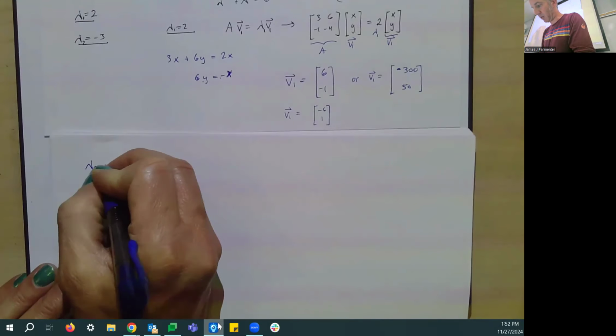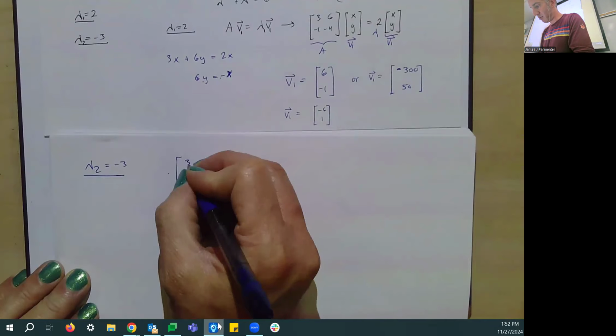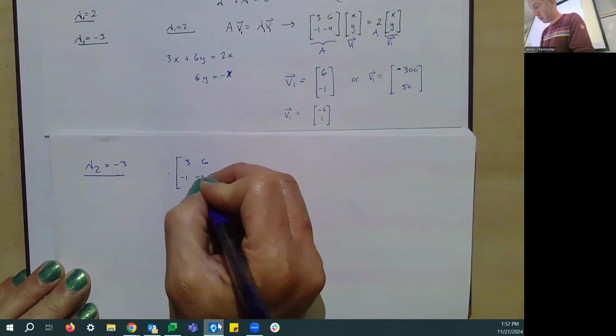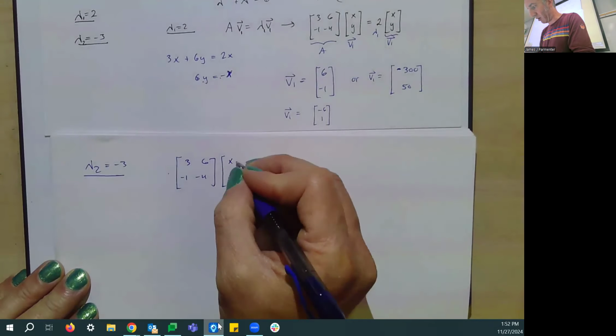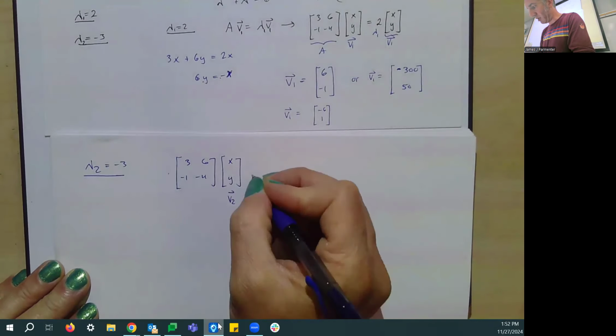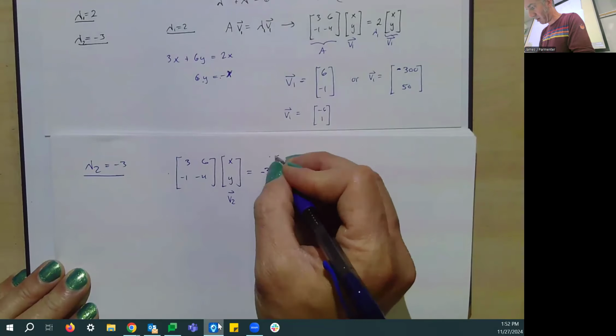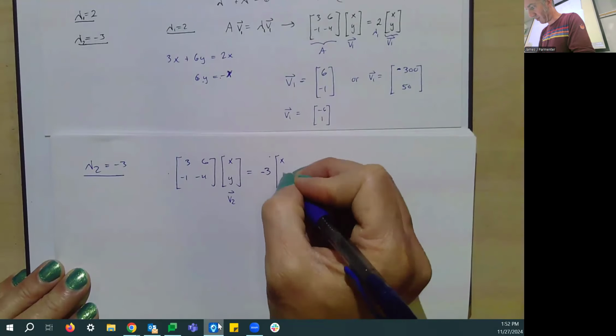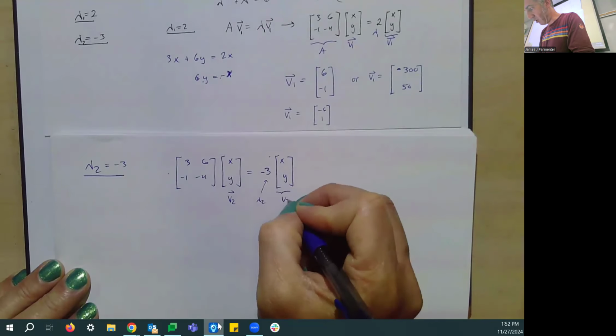For lambda 2 equal to -3, we're going to say that A times our unknown eigenvector, which we're calling now v2, is equal to lambda 2, which is -3, times again our v2. You don't need to label these things.